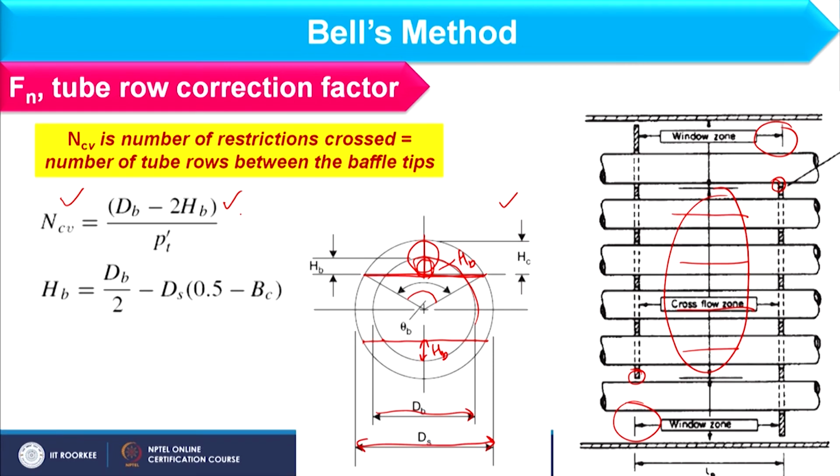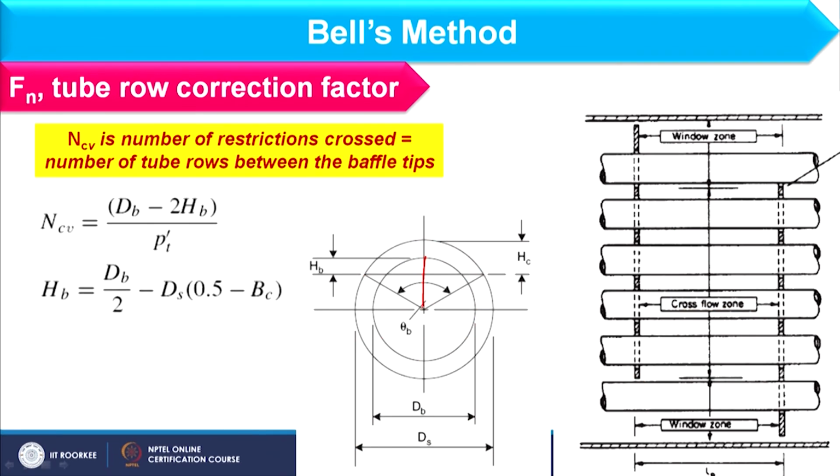Or you can simply apply geometry over here, you can find the HB value on your own, but let us discuss that. So, that should be dB by 2, which means this, right, and minus ds, where ds is the shell dia, bracket 0.5 means half of shell dia, minus BC.